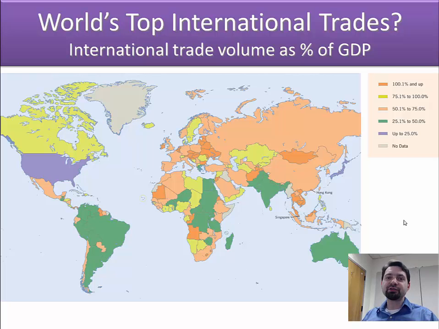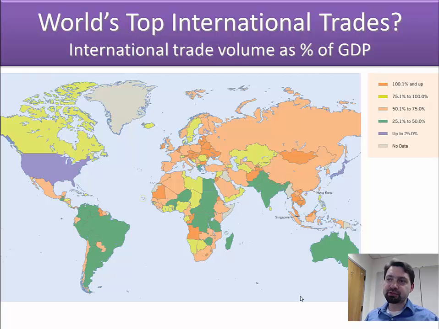As you understand, you can't just look at the amount of imports and exports and then decide which country is more internationalized or engages in more international trade. You have to adjust it by the size of the economy, by the GDP. And as you can see here, smaller countries, especially those in Europe and Asia, tend to score higher on international trade dimensions.